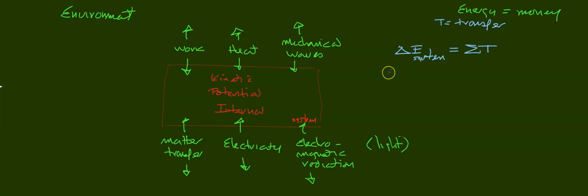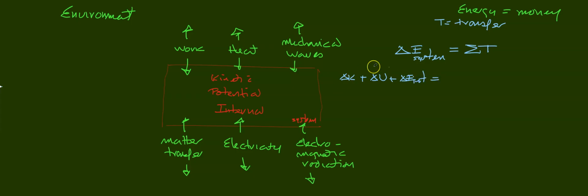So this equation can be written as this. I'm going to raise this to make a little bit of room. So all the energy that belongs to the system can be kinetic, so you can change the kinetic energy, or you can change the potential energy, and this one includes elastic, gravitational, electric. You can change the internal energy.